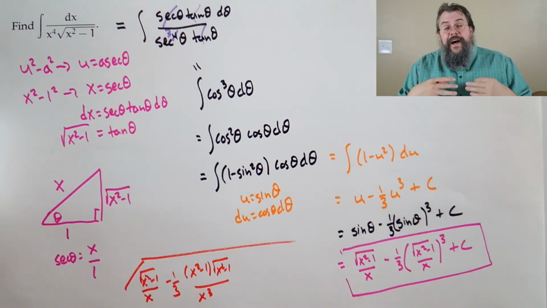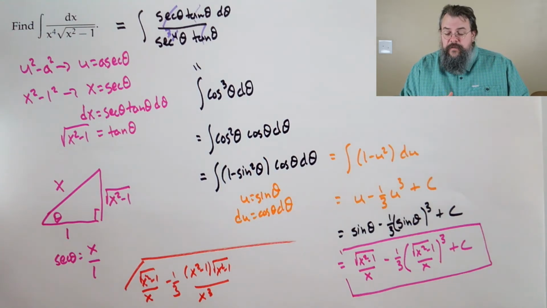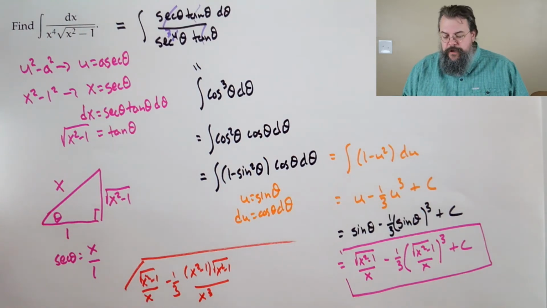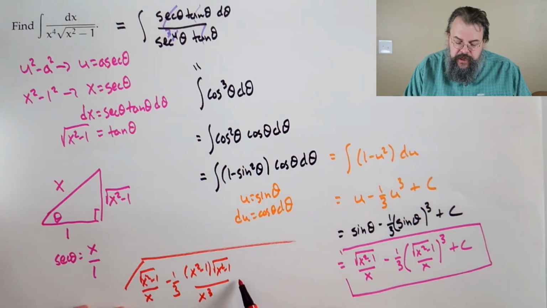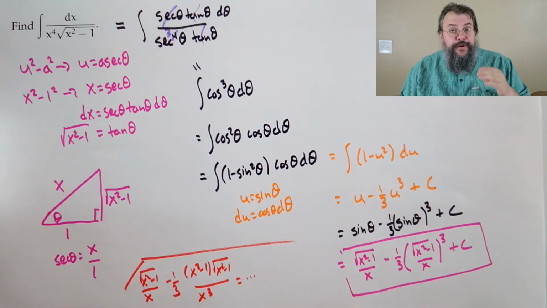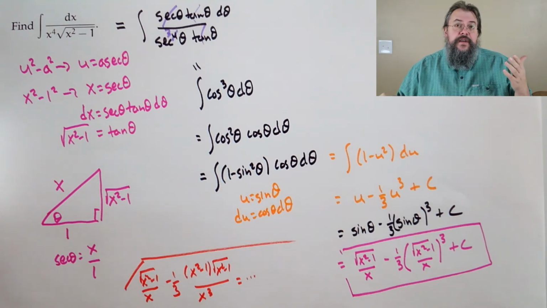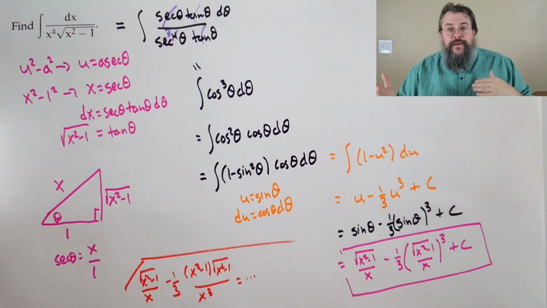You could do that. I don't think it gives you a lot of insight. And if anything, it starts to obfuscate the process of what you were doing. But I'm just pointing out that depending upon whom you ask, they may have an answer that looks slightly different. And that's not necessarily bad. I mean, it just means, hey, sometimes there's multiple ways to express a single answer.